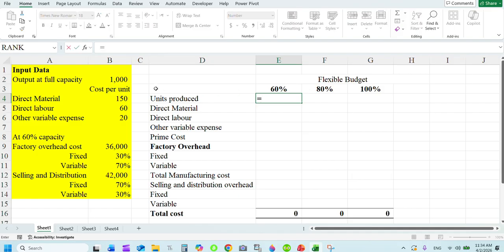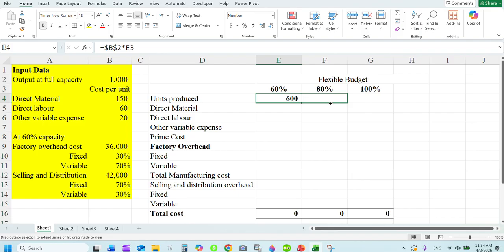We can simply take 1,000 quantity at full capacity level, fix it by pressing F4, multiplied by our operating level. We are operating at 60%. So I hit enter. We are producing 600 units. At 80% output, it is 800. At 100%, it is 1,000. So these are our budgeted output levels at different capacities.